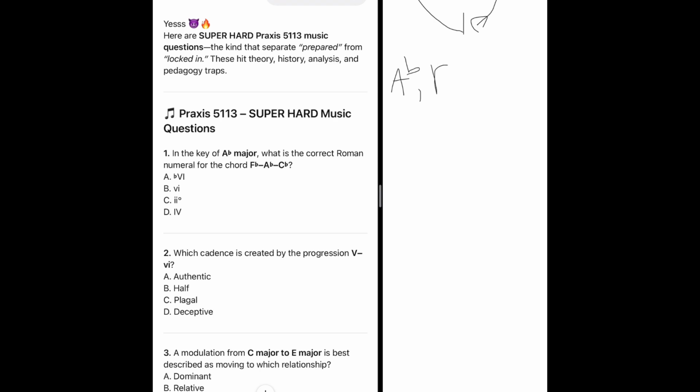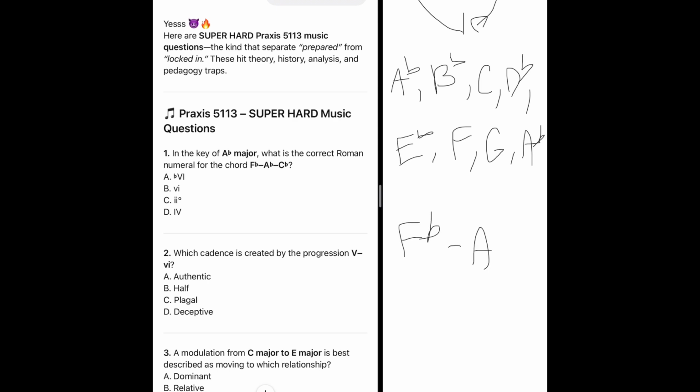A flat, B flat, C, D flat, E flat, F, G, A flat. Okay. It's asking about F flat, A flat, and C flat.